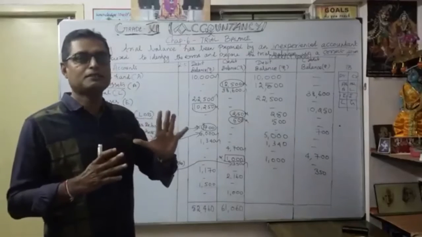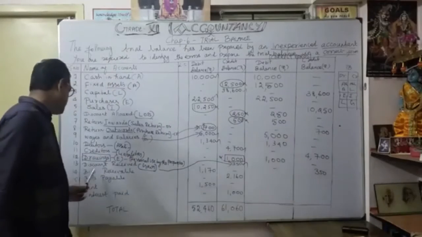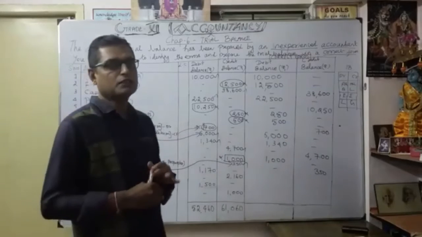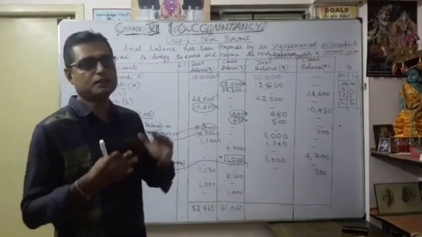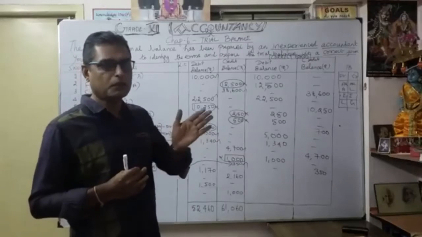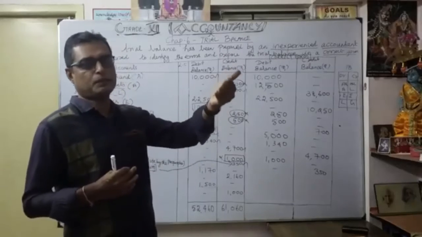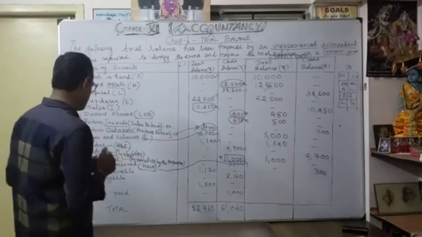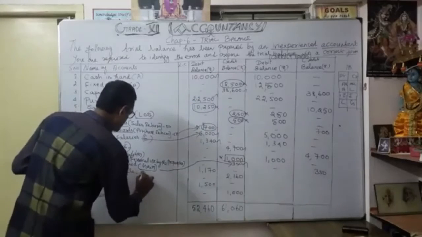Not expenses, not income. Then, bills receivable. As you know, bills receivable is a promissory note, with a detailed discussion in bill of exchange. As a bills receivable, what is the meaning? We are promised to be paid, as a customer promised to pay us later after some period of time. So naturally, it is an asset.